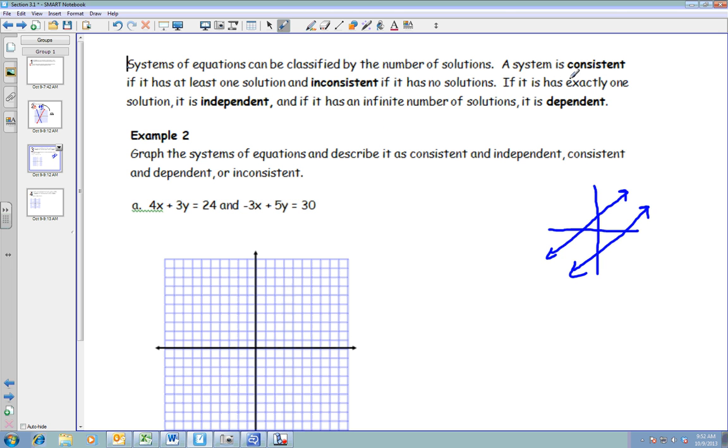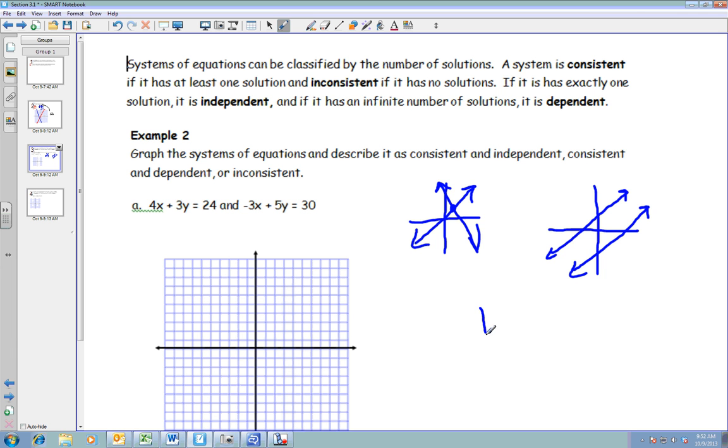Then it says if it has exactly one solution, it is independent. That's just like the problem we just did. If I have two lines that intersect at exactly one point, that would be independent. Then it says it's dependent if it has an infinite number of solutions.